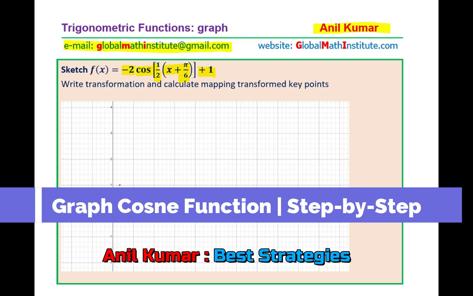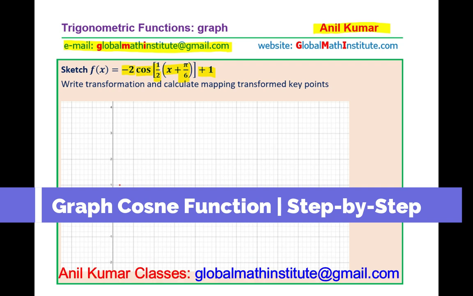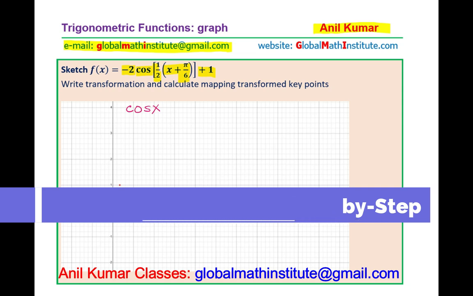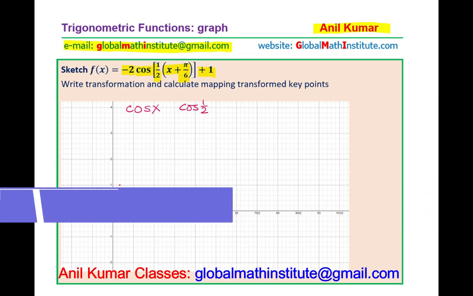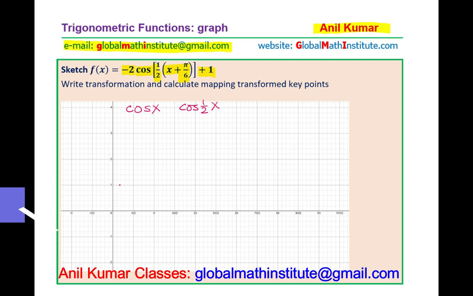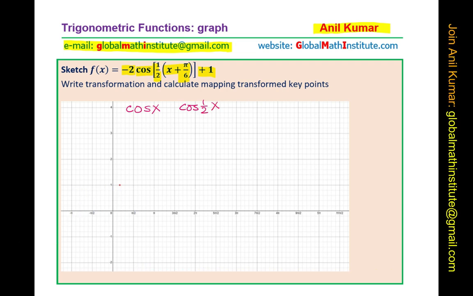Now, let's talk about sketching the graph of the function f of x, which is minus 2 cos half of x plus pi by 6 plus 1. Method 1, where we are going to discuss the transformations. So basically, we'll begin with the cosine function. Let me write cos x and then incorporate the transformation, which will be cos of half x, that is horizontal stretch by a factor of 2, and then we'll do the vertical stretch factor with reflection.